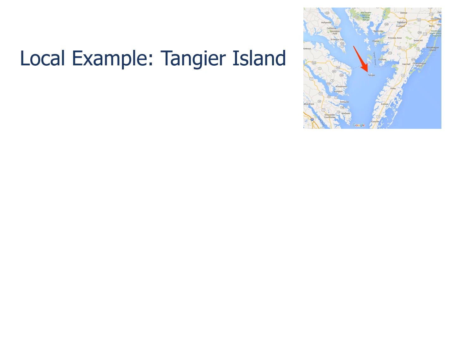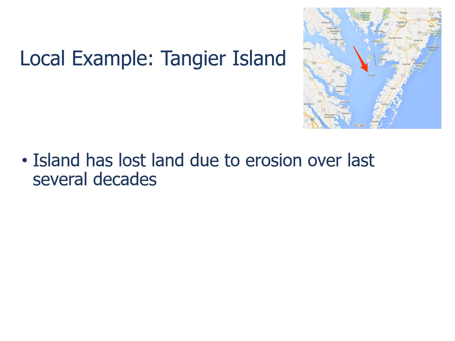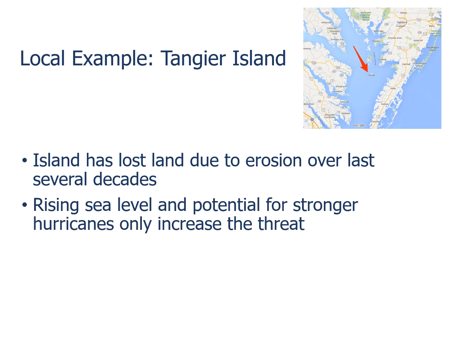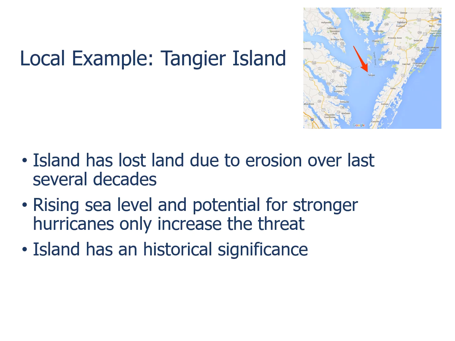And this area is at risk because it's a very, very low-lying island, and as sea level rises, it's potentially threatening. So the island has already lost land due to erosion over the last several decades, and rising sea level and the potential for stronger hurricanes can increase that threat. And it has that historical significance that I mentioned.